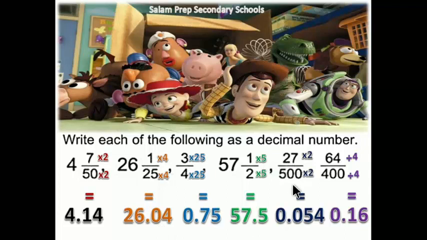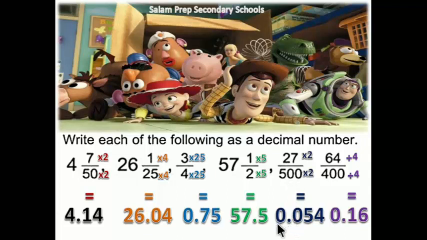27 over 500. This is a proper fraction. We can make the denominator 1000. 500 times 2 equal 1000. 27 times 2 equal 54. 54 over 1000 equal, we can write the decimal point.